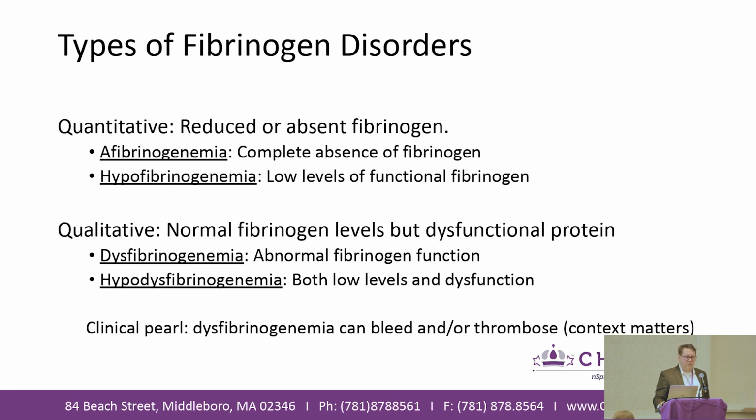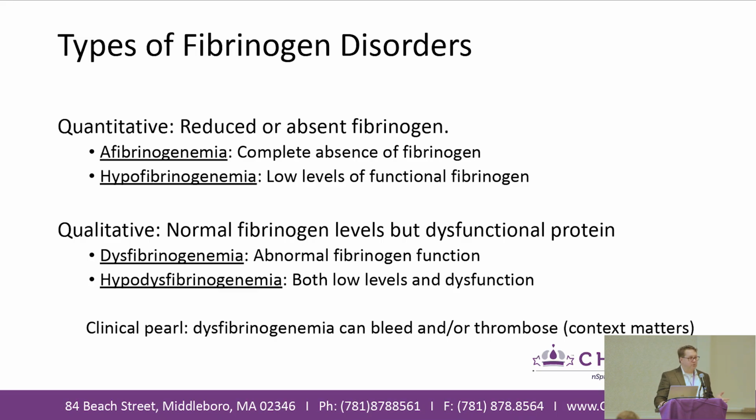So here are these words again: quantitative. Your quantity is suboptimal, so you don't have quite enough. Either you don't have any, that's afibrinogenemia, or hypo, you don't have quite enough. Or we've got qualitative problems where you have enough, but it doesn't work very well. That's the dysfibrinogenemia, where you have abnormal function, either too much or too little, or both.